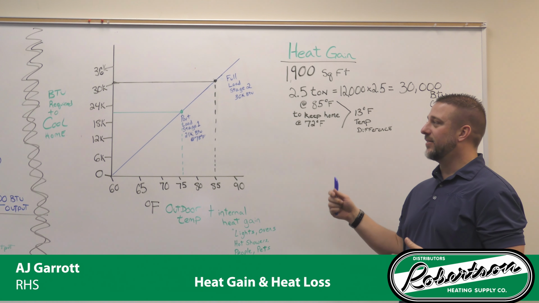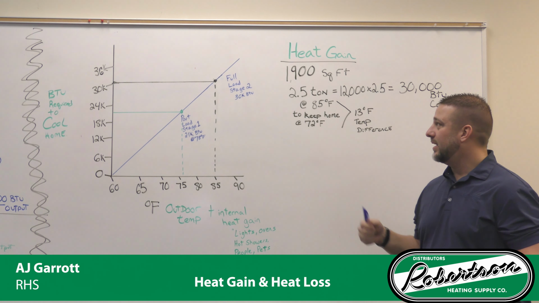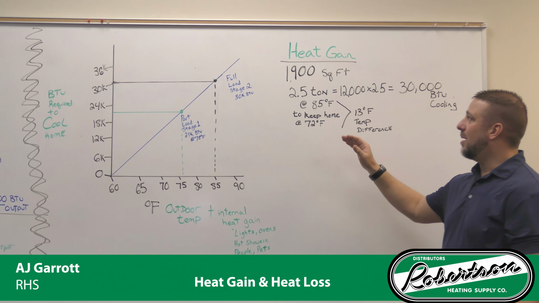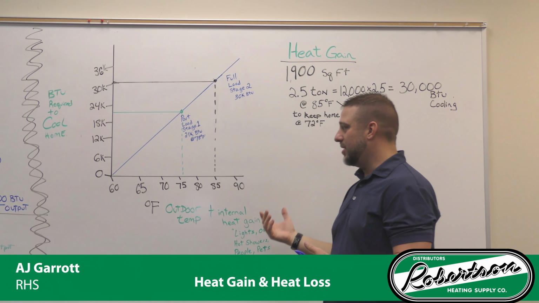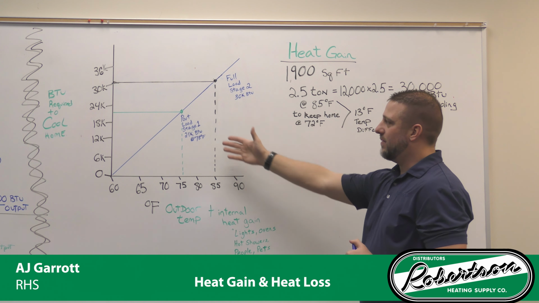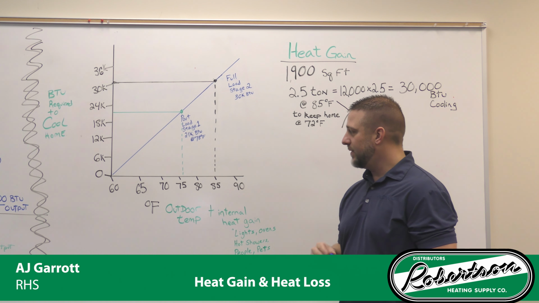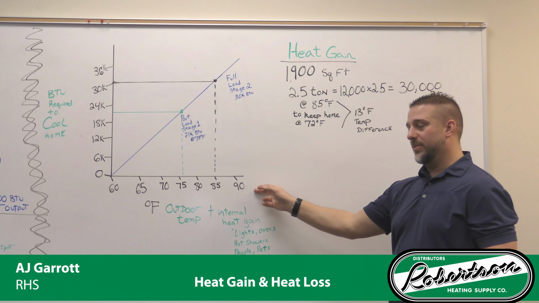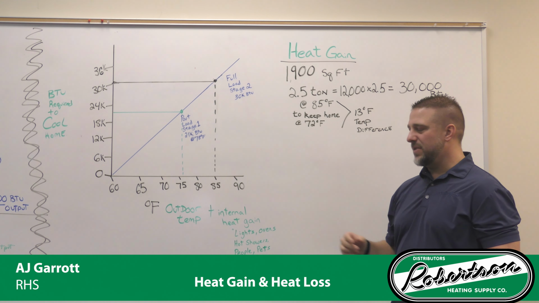Okay, now we're going to take our same application and look at how much the heat gain is of this home, and decide what size cooling air conditioner we need to satisfy. So we have a similar chart over here, and we start at about 60 degrees Fahrenheit outside, and go up in outdoor temperature to about 90.